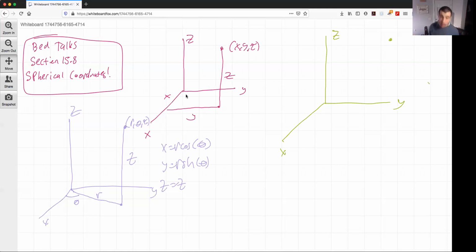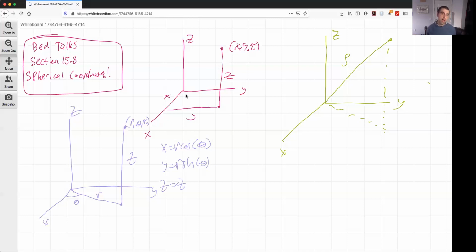So if I'm here, I'm that far away. I'm going to make this so we have a little bit of depth here. But I tell you I'm that far away, and we'll call that rho. And this rho actually is the distance I am from the origin in a 3D sense.